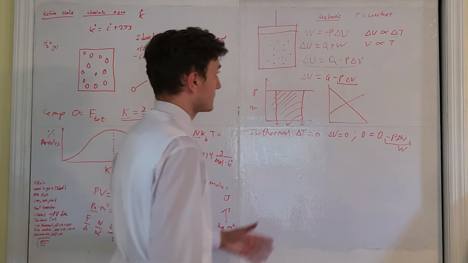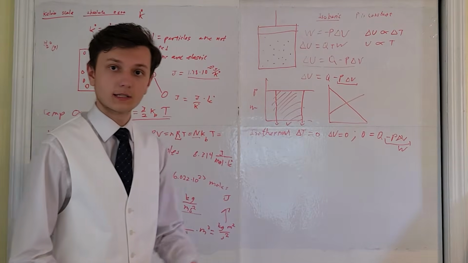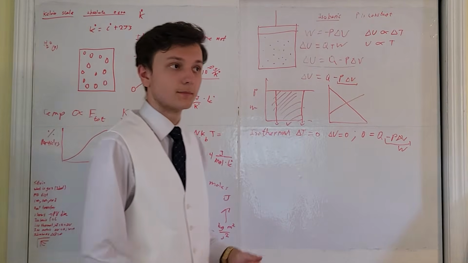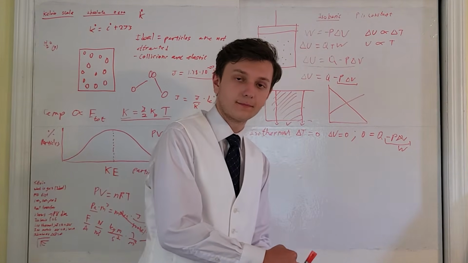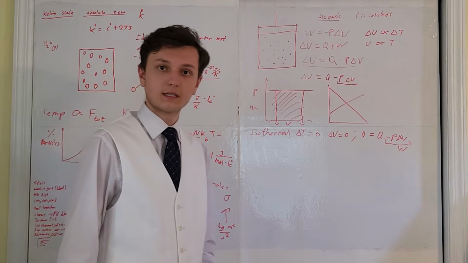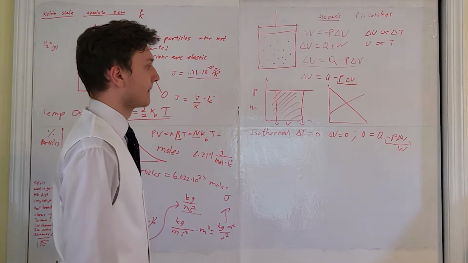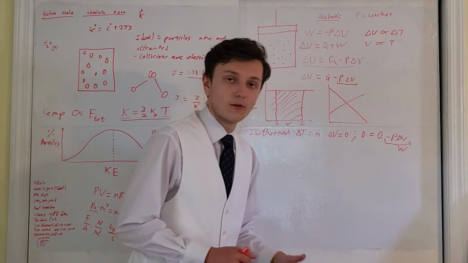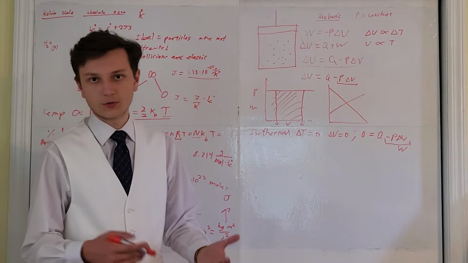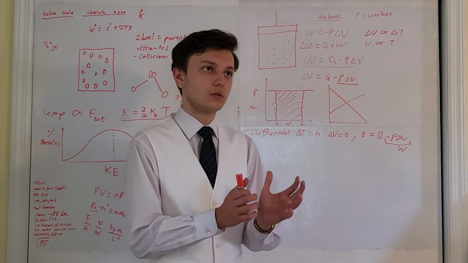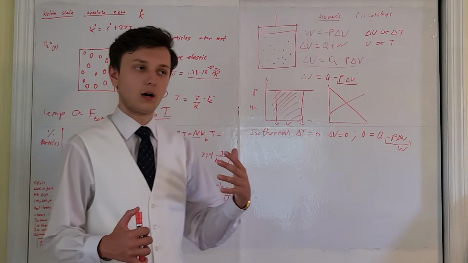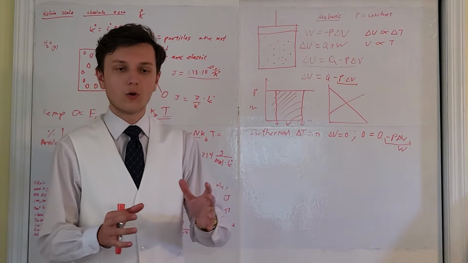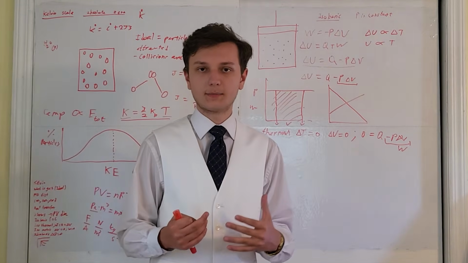If I'm doing work on the system, I'm increasing the internal energy of the system, which means I'm increasing the temperature of the system. So by forcing that piston down, the temperature of my system is increasing. I need to allow time for any temperature increase or decrease to diffuse away. So an isothermal process would be done with heat dissipating elements around it.